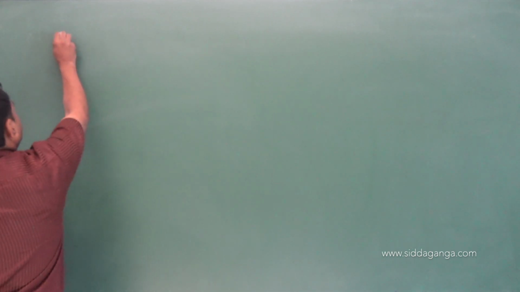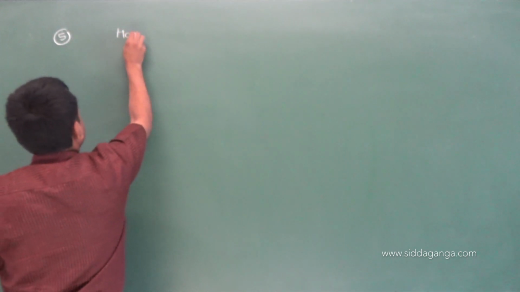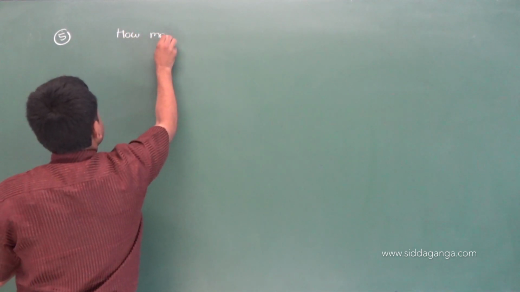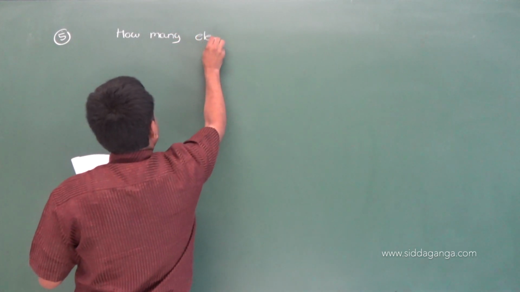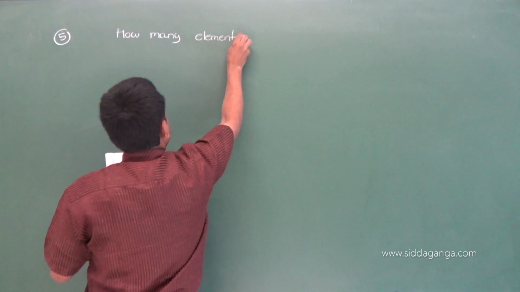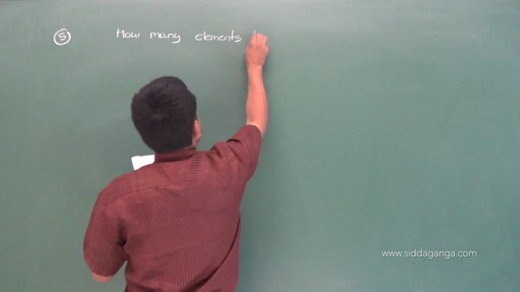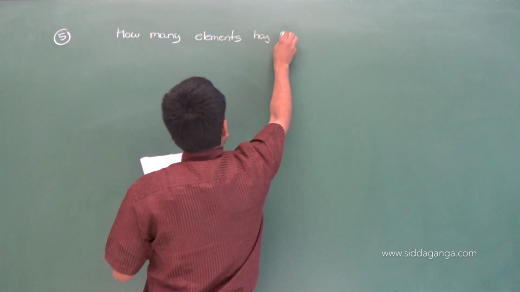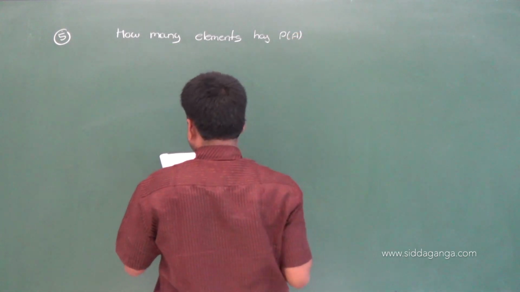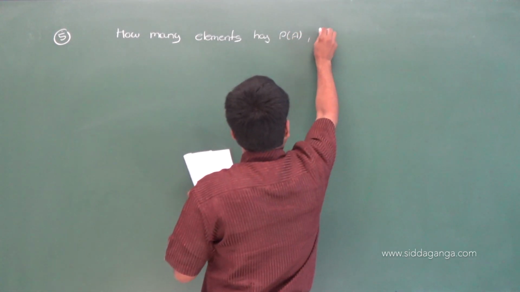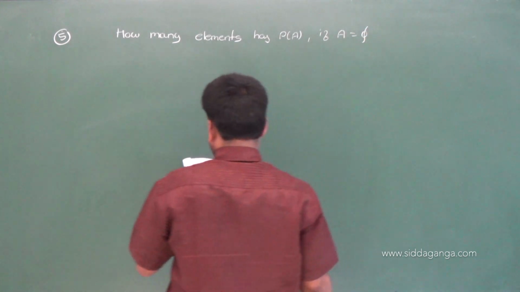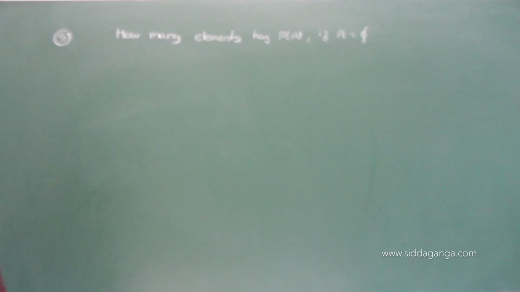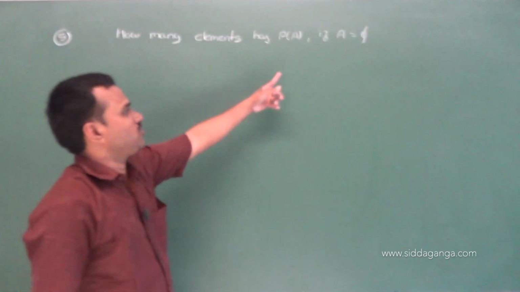Fifth question. How many elements has P of A if A is equal to empty? How many elements has P of A if A is equal to empty?